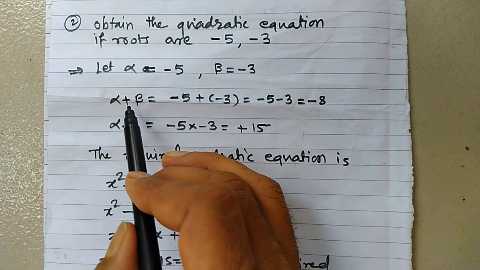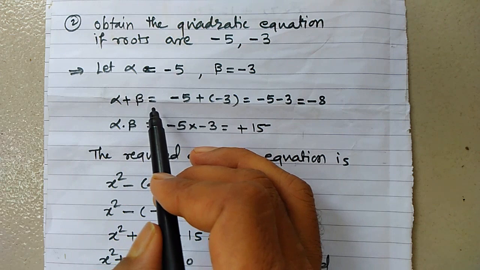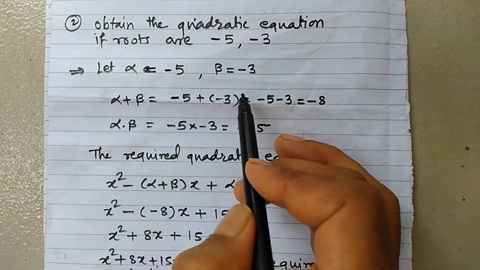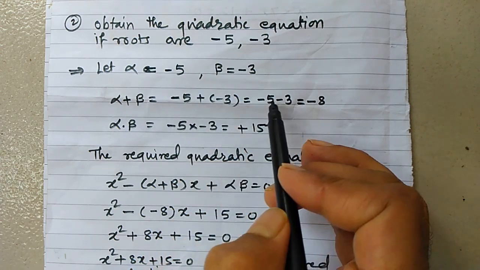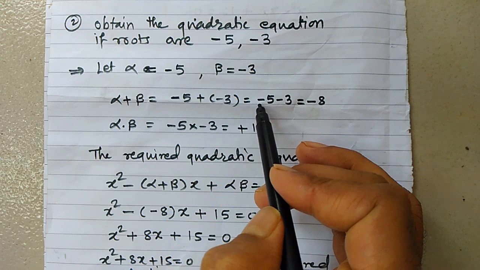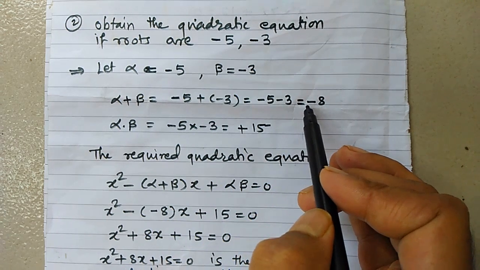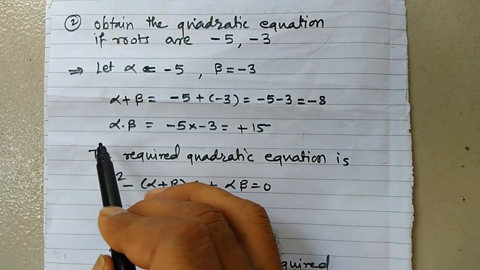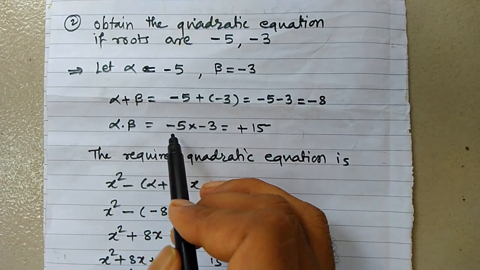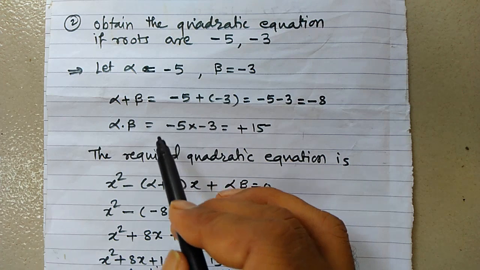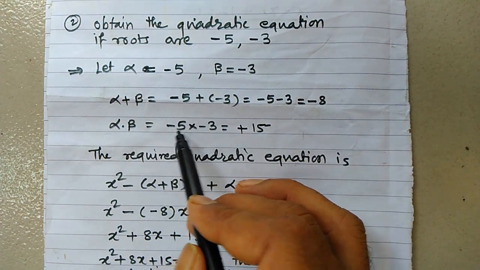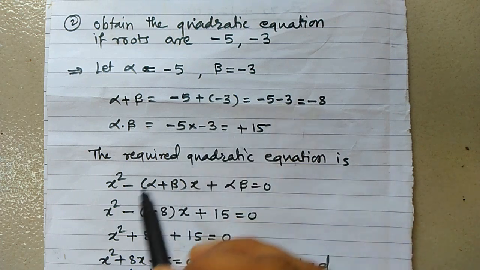First of all, find out the value of alpha plus beta is equal to minus 5 plus in bracket minus 3, is equal to minus 5, write down as it is, plus into minus minus, both are minus, then add them together, it is minus 8. Now find out the product of the roots. Alpha into beta is equal to minus 5 into minus 3, minus into minus plus, is equal to 15. 5 3s are 15, plus 15.